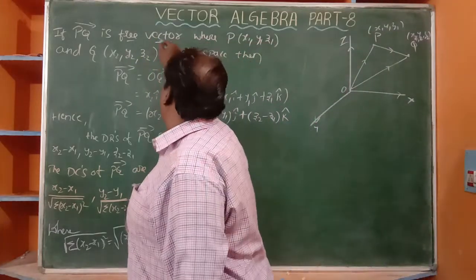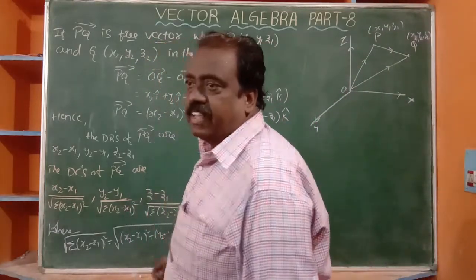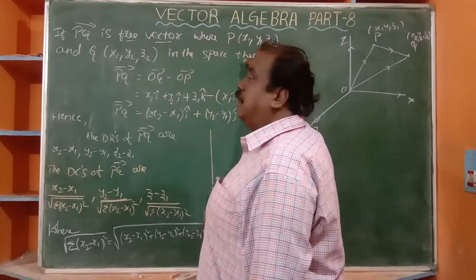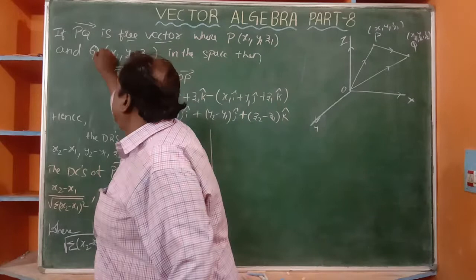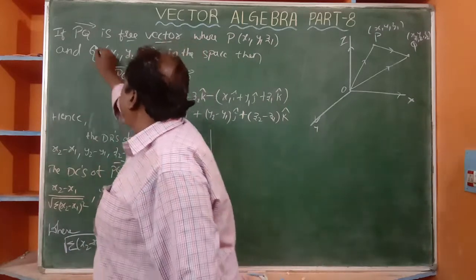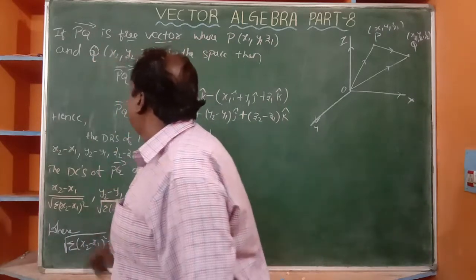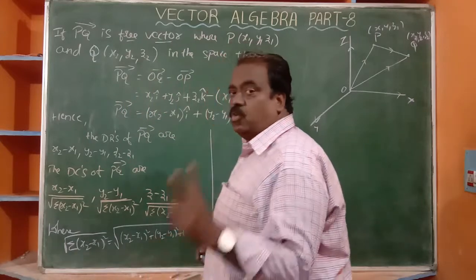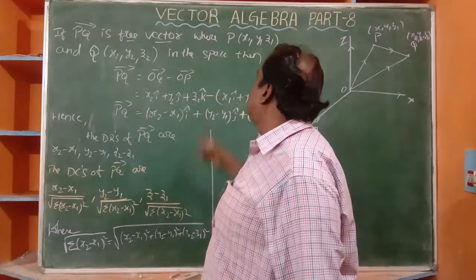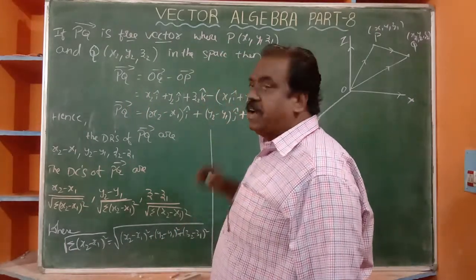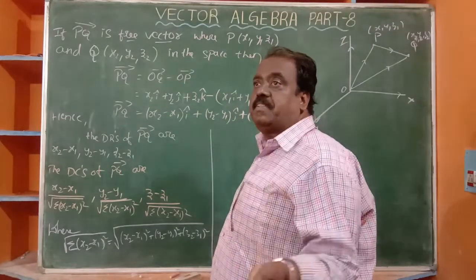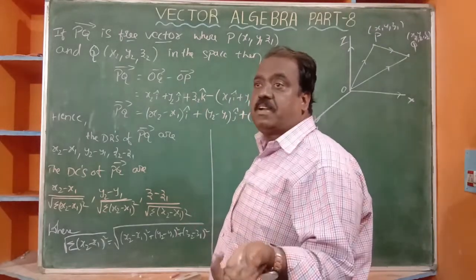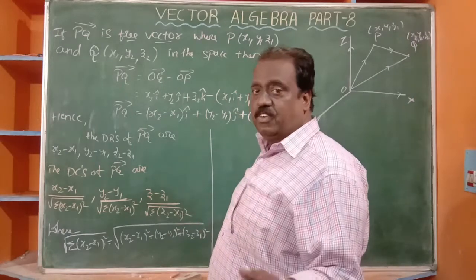Where P is x1, y1, z1 and Q is the point x2, y2, z2. There are 2 points in the space. Then PQ bar, we know, any free vector can be expressed as the difference of the position vector of the terminal point and the initial point.